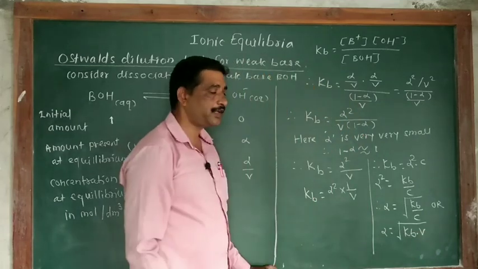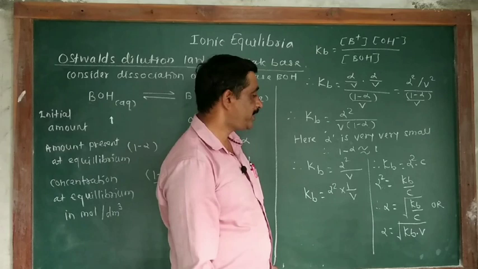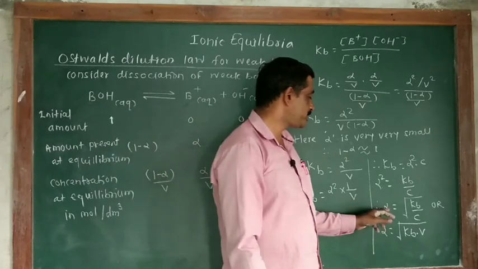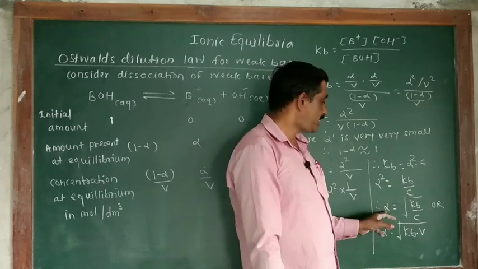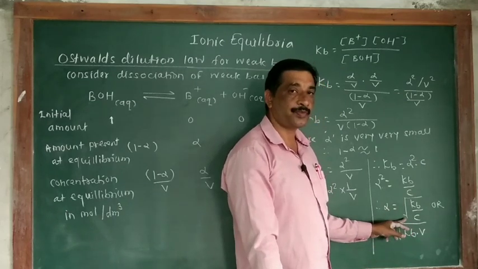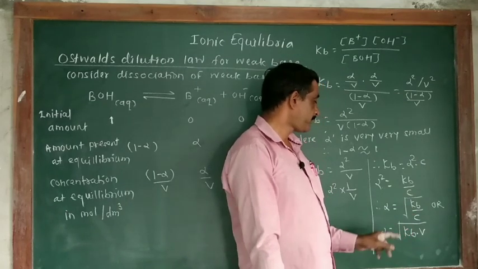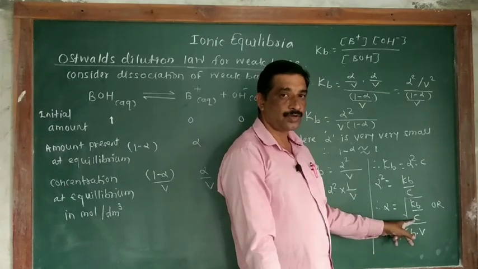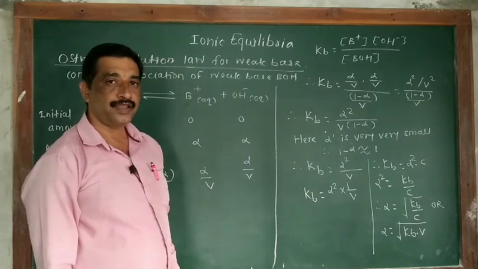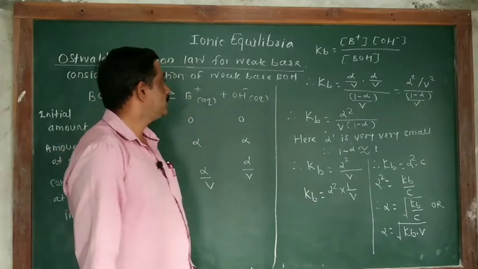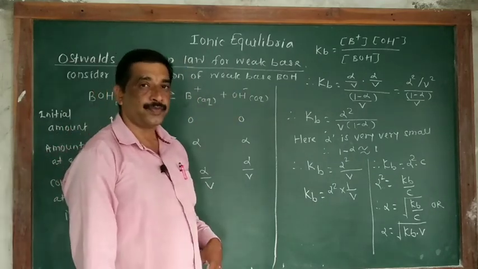So in this way, the degree of dissociation of a weak acid as well as a weak base is directly proportional to the square root of its dissociation constant and inversely proportional to the concentration. In this way Ostwald's dilution law is applied for the weak acid and weak base.